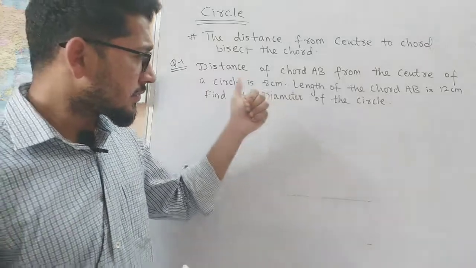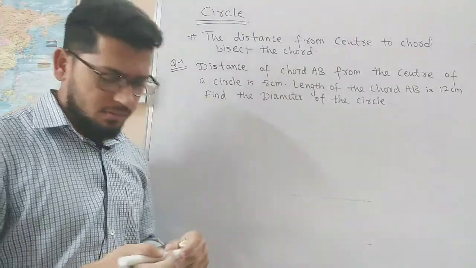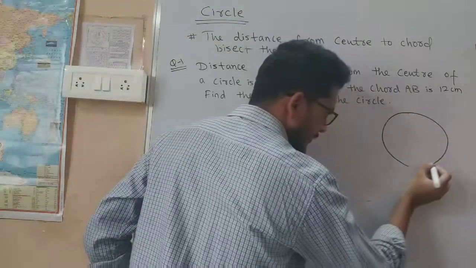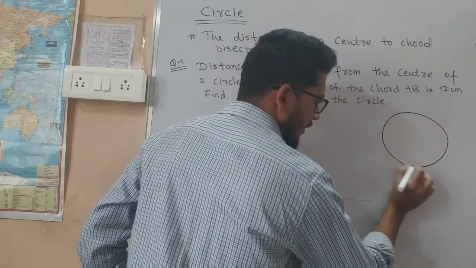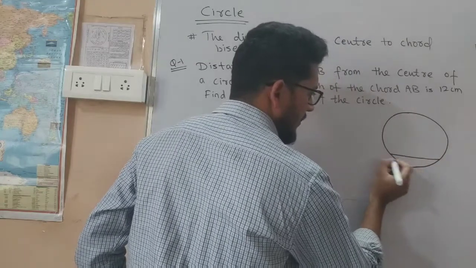Here a circle is given with chord AB, so we'll draw the circle. Suppose this is the circle with center O, and this is the chord AB.